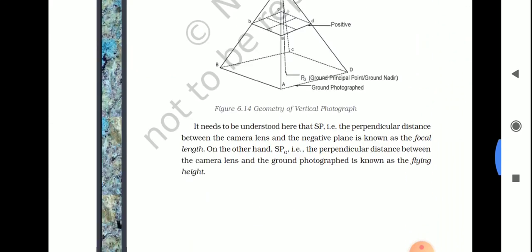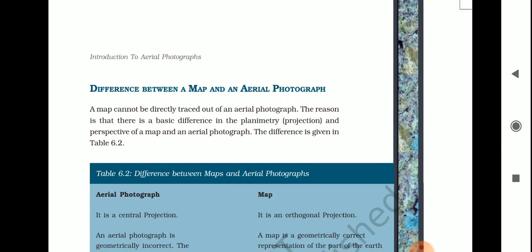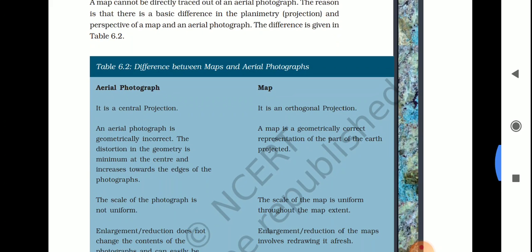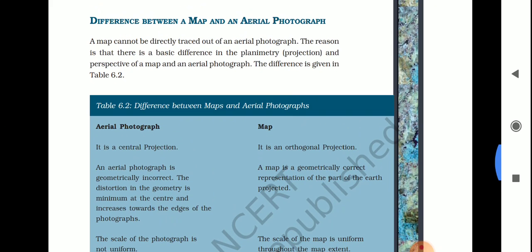Now, students, next we have the difference between a map and an aerial photograph. When we are taking pictures through the aircraft or the helicopter, we can see some differences. A map cannot be directly traced out of an aerial photograph.